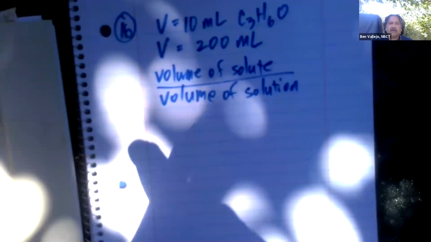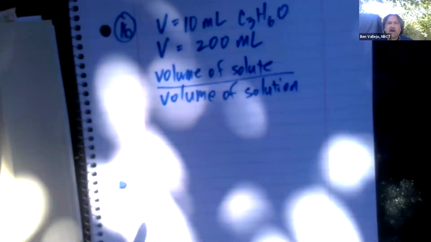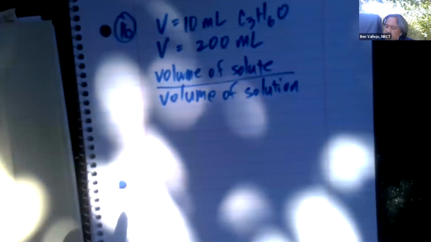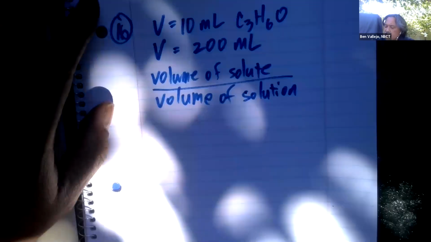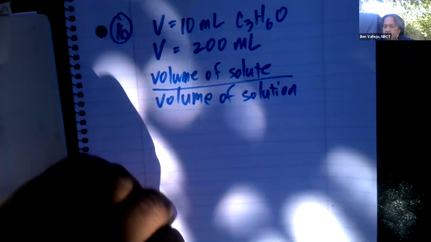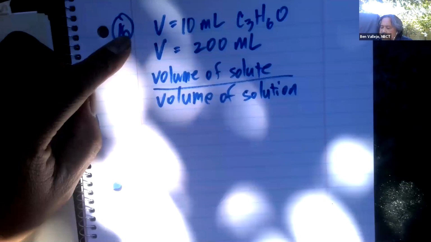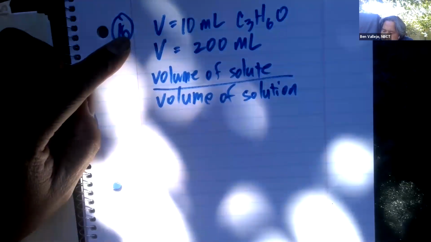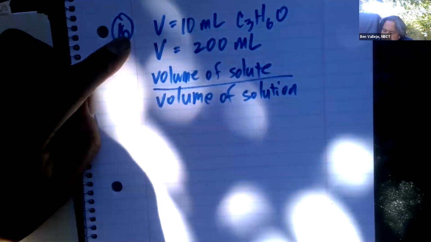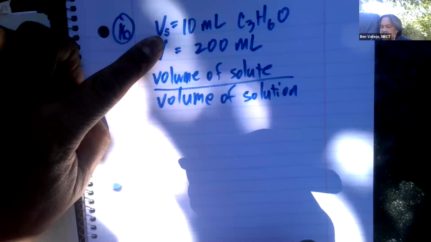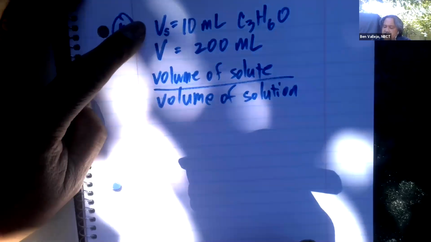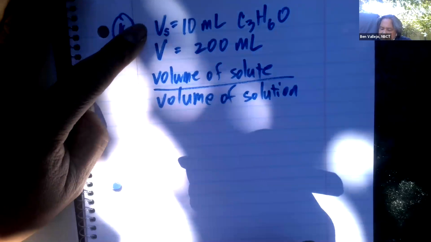So this wasn't a very complicated one, but just so you know, we often abbreviate this volume because they're both volumes. If you were shortcutting it and abbreviating it, you might write an S right there, like a sub S for volume of the solute, and over here you would write the volume of the solution, which was the total.